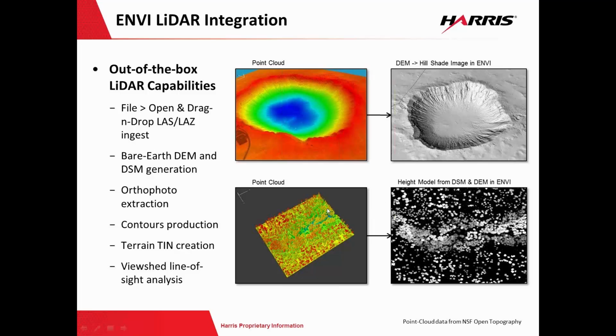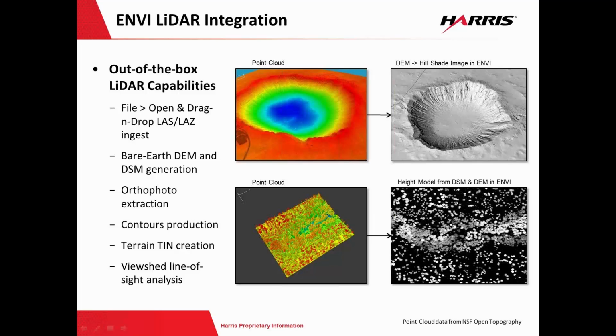And this example below is an example of creating a height model. If I have a surface model and an elevation model, and I subtract the elevation model from the surface model, I then get an idea of what the height is of any features off of the bare earth surface. I'm actually going to demo a quick example of how that might work in ENVI and ENVI LiDAR.